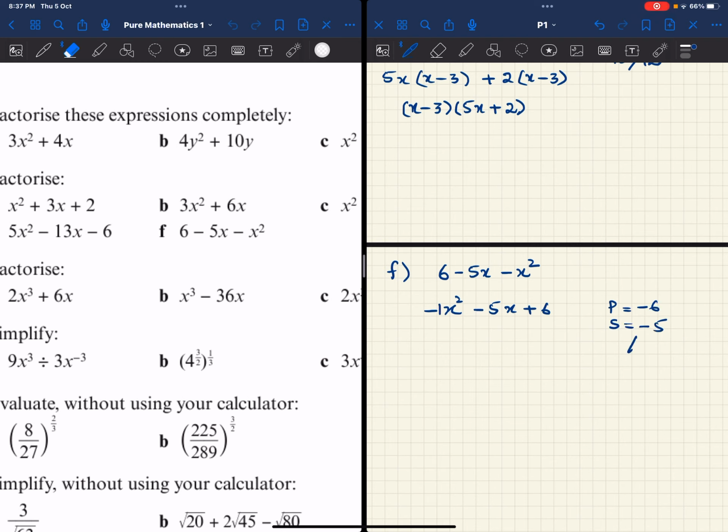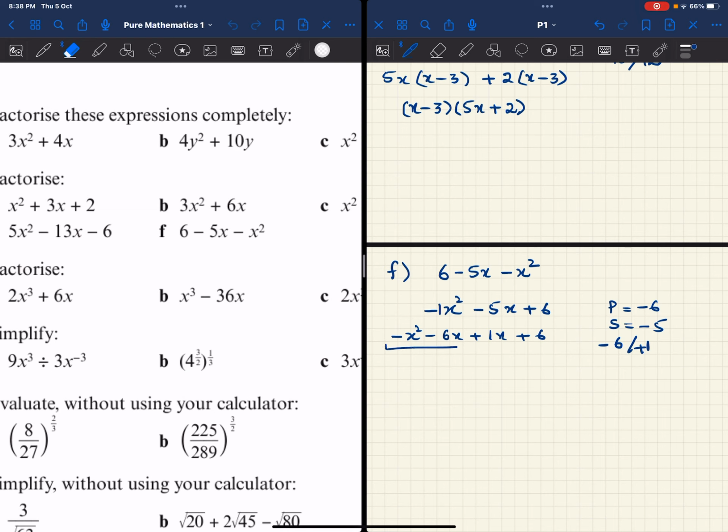What are the two numbers that multiply to give us negative 6 and add up to give us negative 5? So 6 ones are 6 with a minus 6 and a positive 1. So minus 6 plus 1 gives us negative 5 and they multiply to give us negative 6. Splitting the middle term, we have minus x squared minus 6x plus 1x plus 6.